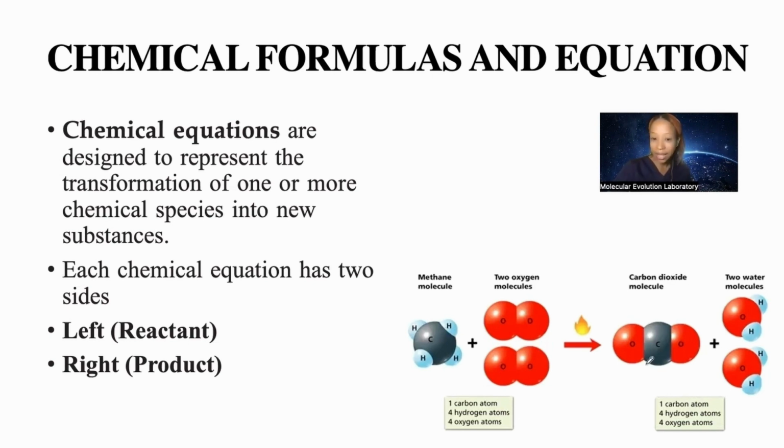Methane plus oxygen on exposure to heat produces carbon dioxide and water, which means there's a rearrangement of the atoms. There is essentially a reconfiguration of atoms, but the atoms remain the same.